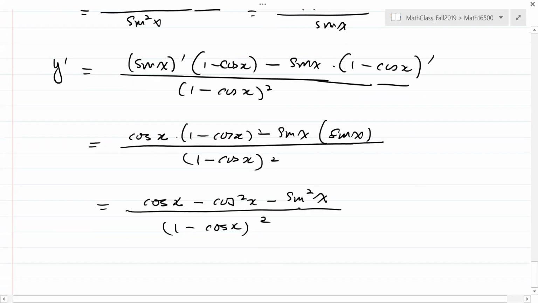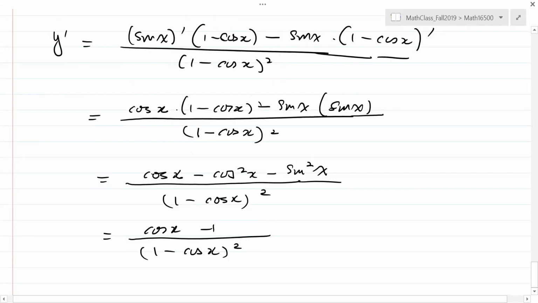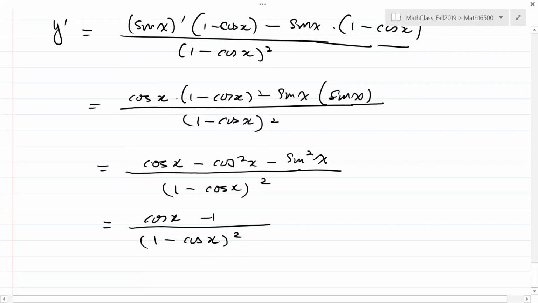So now you can simplify a little bit. Cosine x minus 1. They are different by sign: 1 minus cosine x, 1 minus cosine x. This will be negative over 1 minus cosine x.